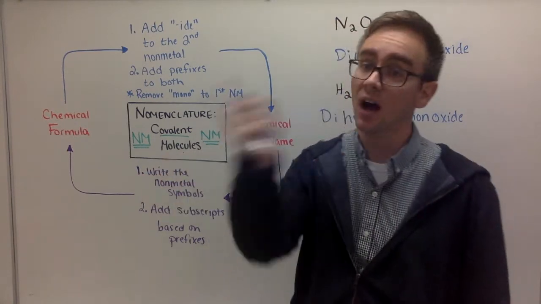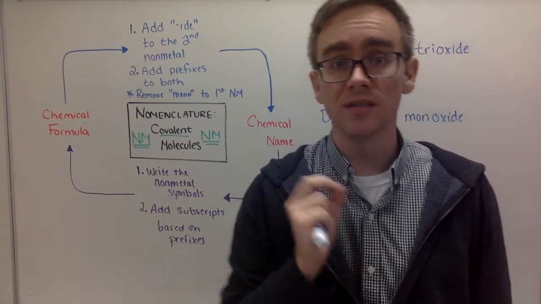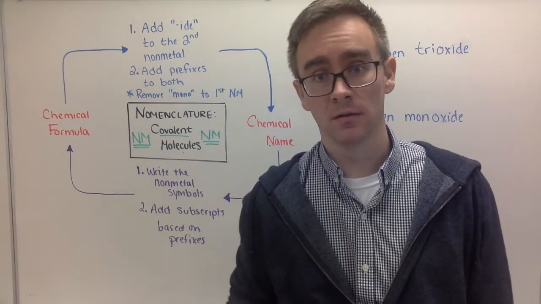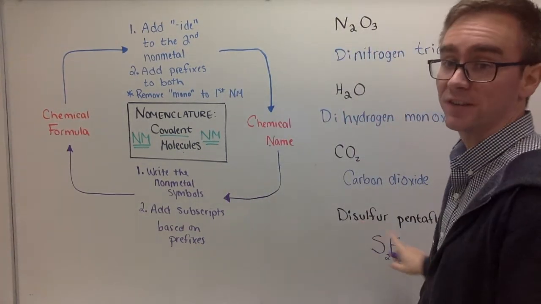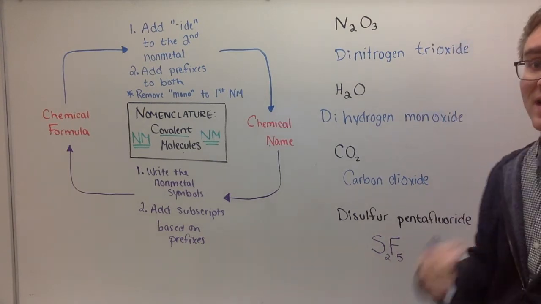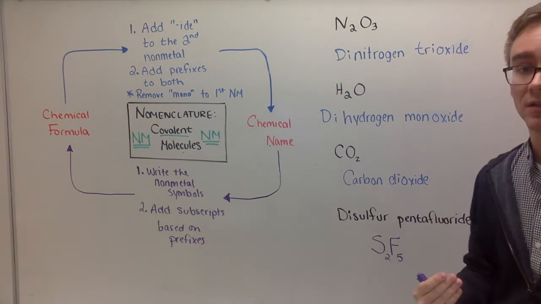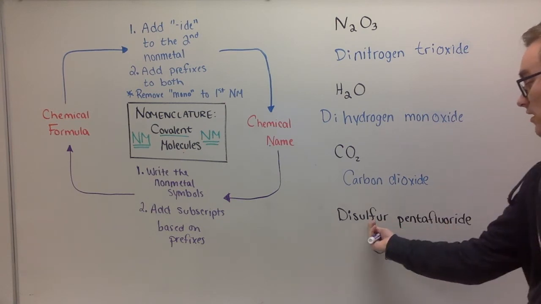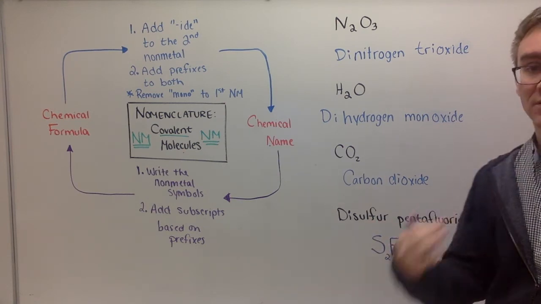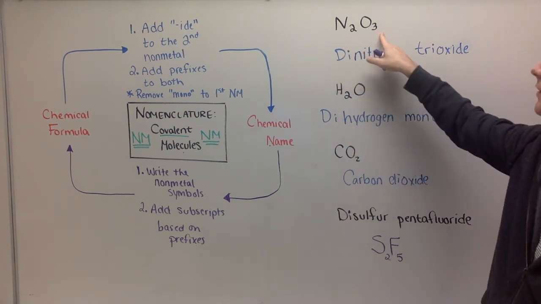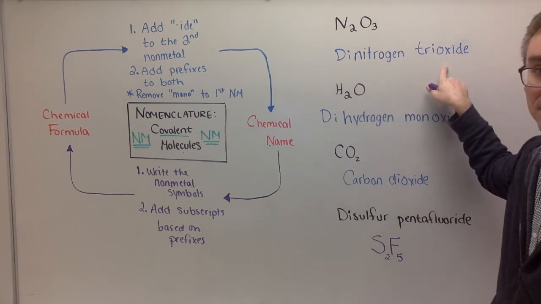Ionic, which is in the other video, does not use prefixes ever. So if you see something that has prefixes, it's a dead giveaway that it is a covalent molecule. Nonmetal, nonmetal, and thus we have prefixes.